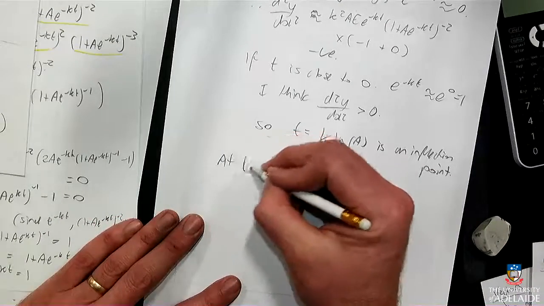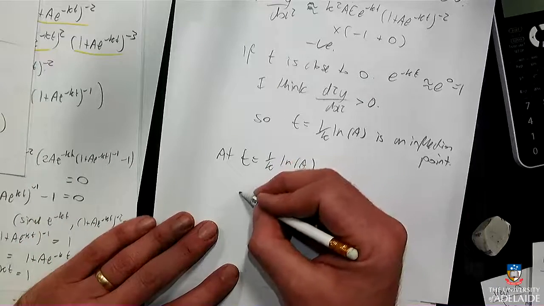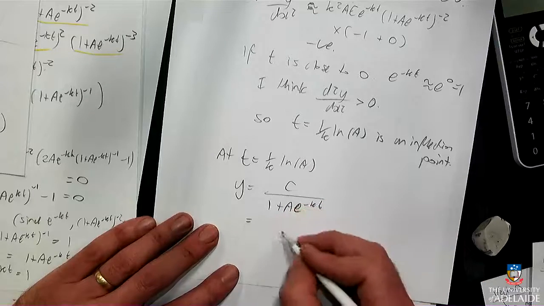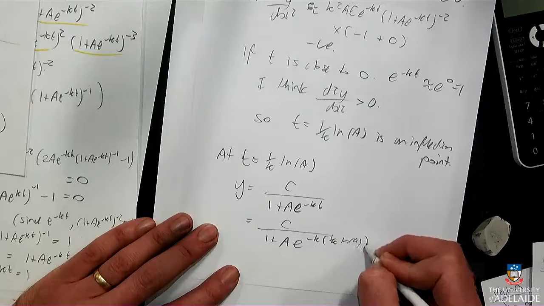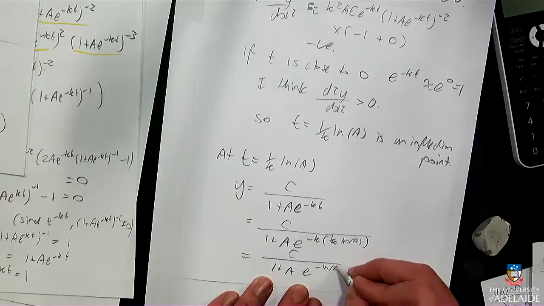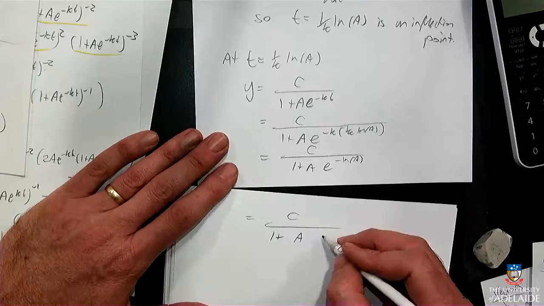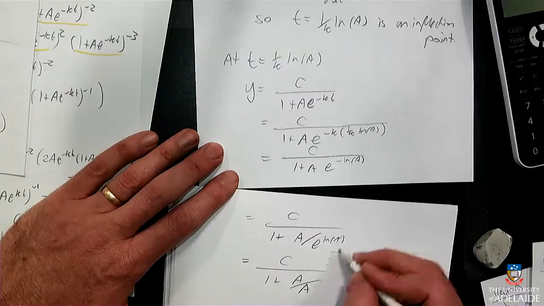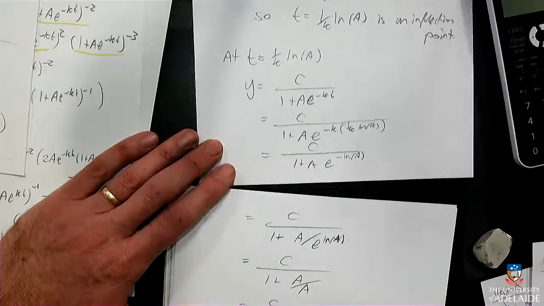And here at t equals 1 on k ln a, we've already discovered that at that point, y is equal to c over 1 plus a e to the minus kt, which is c over 1 plus a e to the minus k times 1 on k ln a, which is c over 1 plus a e to the minus ln a, which is c over 1 plus a over e to the ln a, which is c over 1 plus a over a, because e to the ln a is a, they cancel each other out, which is c over 1 plus 1, which is c over 2. Beautiful.